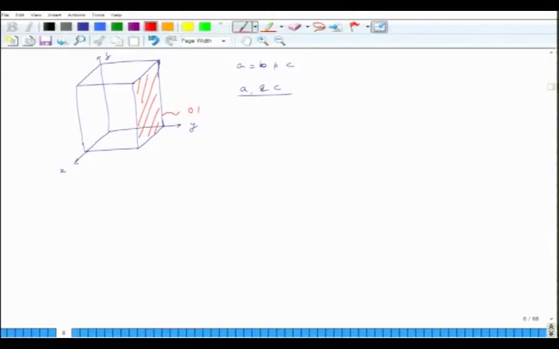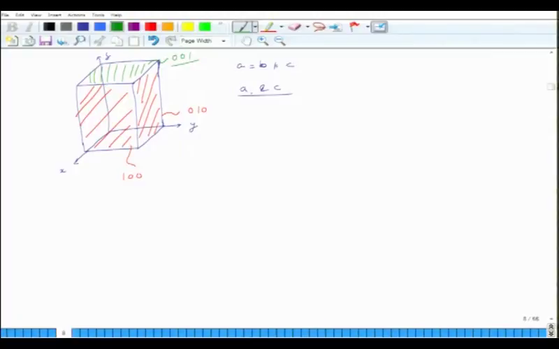This is 0 1 0, this is 1 0 0. Now, what is this? 0 0 1.